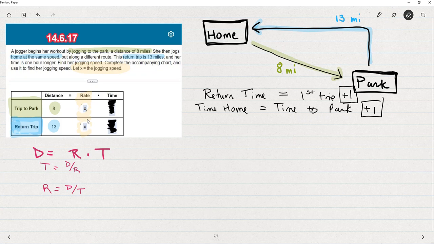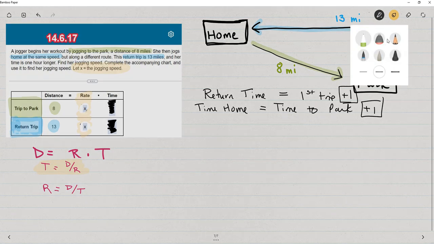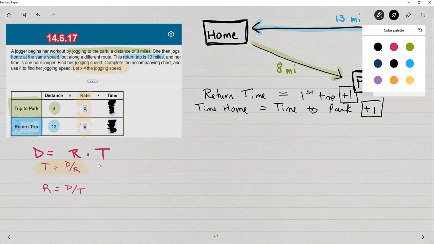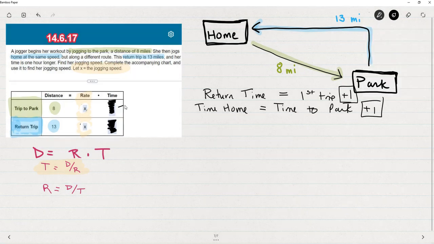I've got distance and rate, but look at this. I can use time equals distance divided by rate to get the time to the park and to get the time home from the park. 8 divided by x, the distance 8 divided by x, or the distance 13 divided by x.